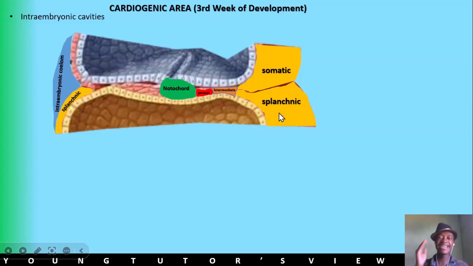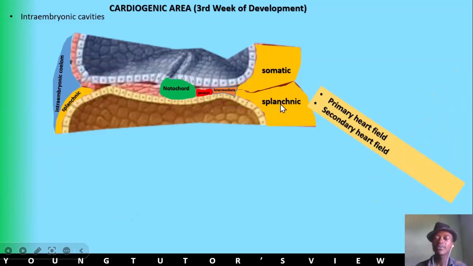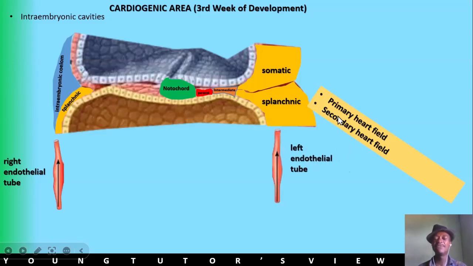So the cardiogenic area is going to have two parts: the primary and the secondary heart fields. Those two fields make up the cardiogenic area, and these two parts are going to make up the endocardial tubes, both the right endocardial tube and the left endocardial tube.